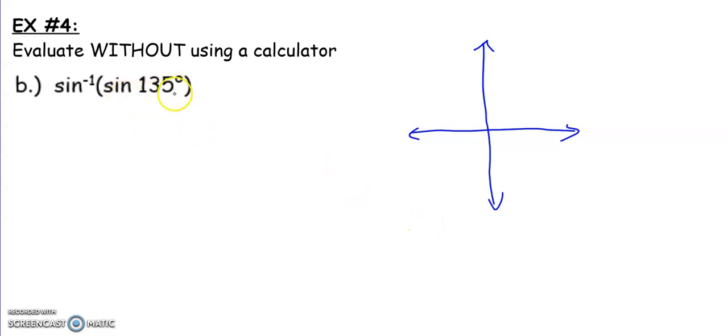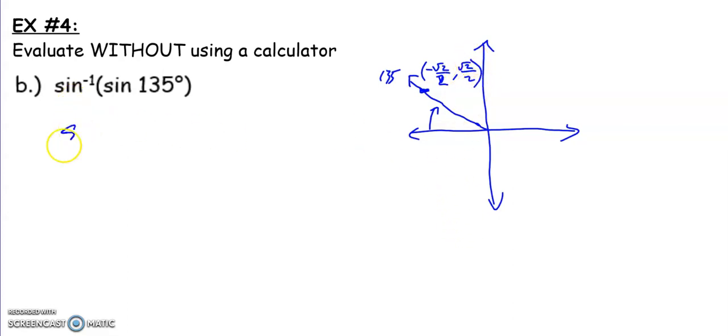So the sine of 135 is right here, because it's 180 minus 45, so that gives me negative radical 2 over 2 and radical 2 over 2.